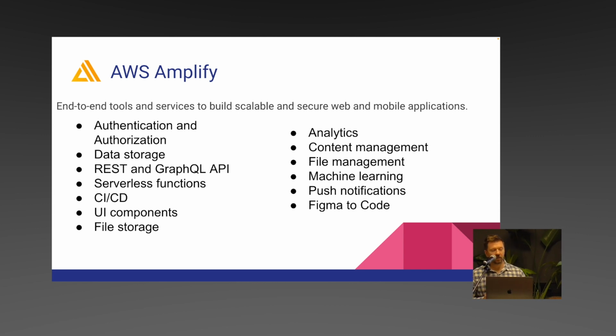AWS Amplify has a large set of services that help developers solve a lot of problems: authentication, data storage, analytics, continuous deployment, file storage, and all of this is done by helping you deploy and build using AWS infrastructure.